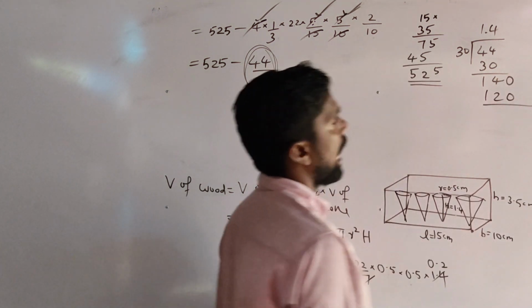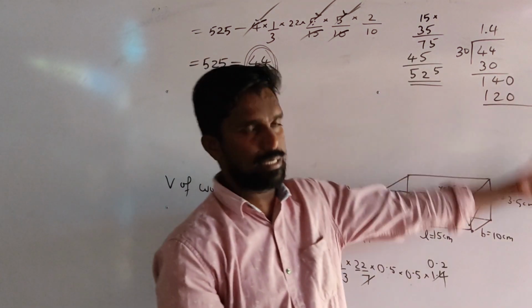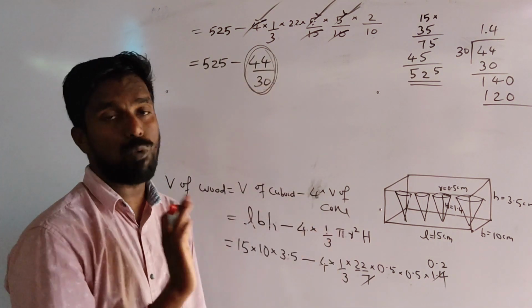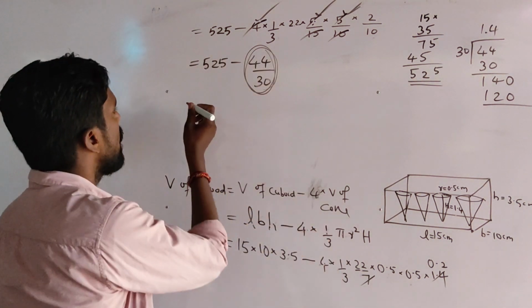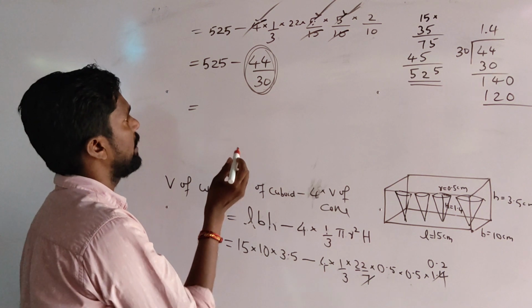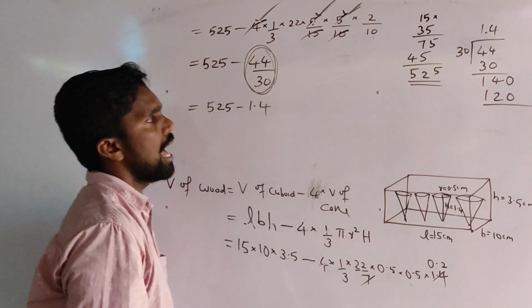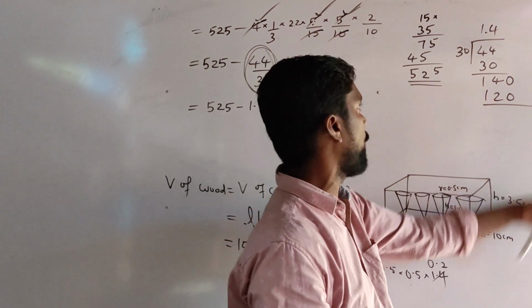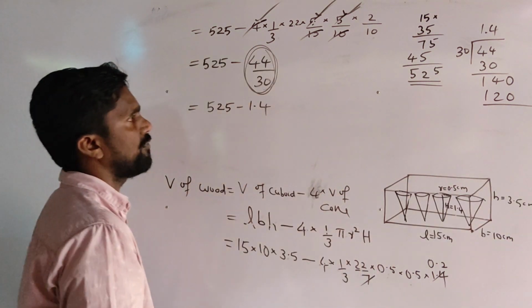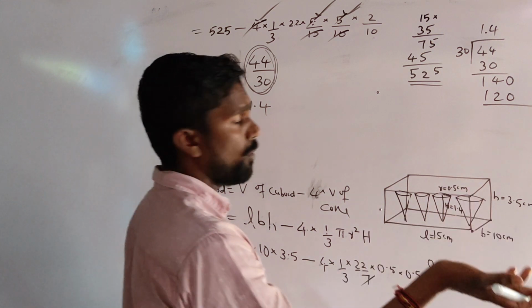So the approximate answer will go like this. So approximate answer is 1.4. That is 525 minus 1.4. This is approximate answer only. I'm not doing the balance steps. If you want, you can do one more step.